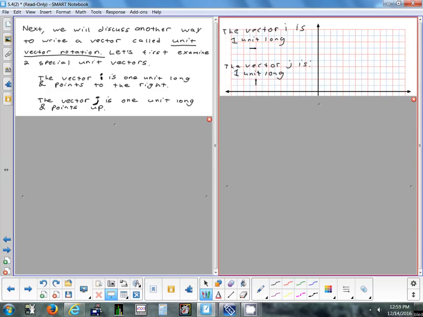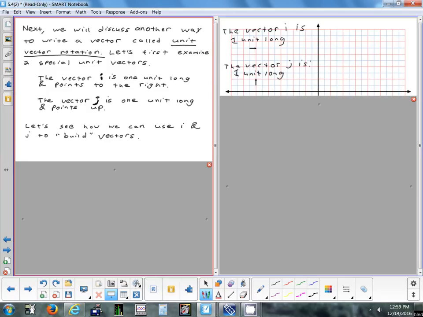We're going to use combinations of i's and j's, and we're going to stack them together to build other vectors. Once we do that, that's going to lead into the final way that we can write a vector, and it's the way that's used most often. It's called unit vector notation.